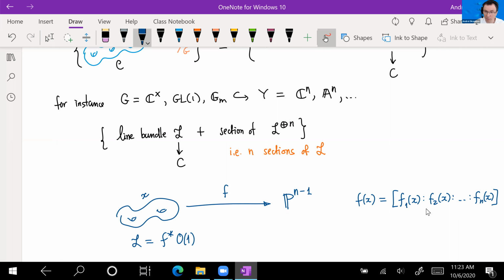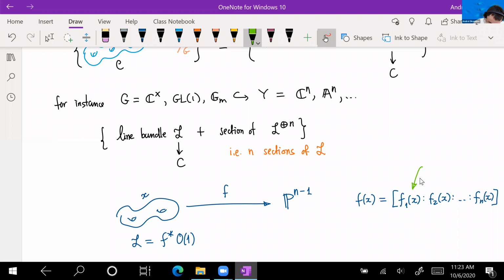And on P^n, these are sections. The coordinates are sections, not functions. The coordinates are sections of O(1) on P^(n-1).